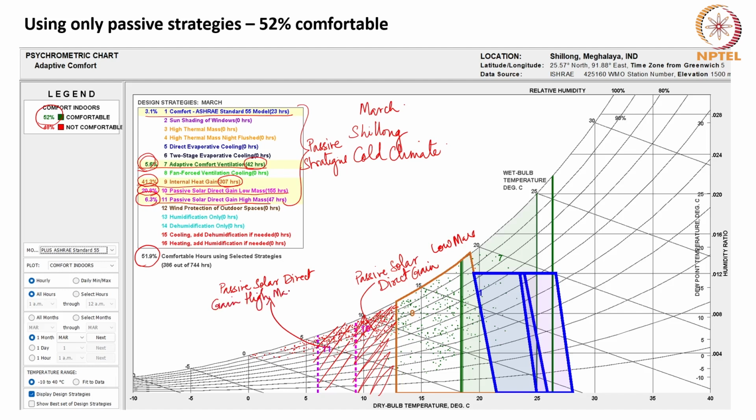So this is how you should identify on the psychrometric chart. You see, these hours, I will just change the color. These hours are still not shifting from discomfort to comfortable without the use of active means.